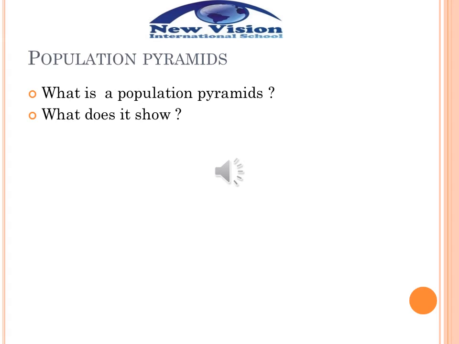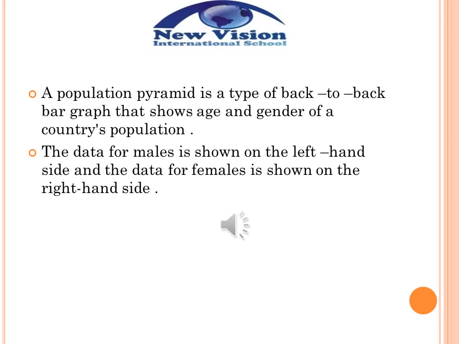Population pyramids. What is a population pyramid and what does it show? Try to compare your answers with next paragraph. A population pyramid is a type of back-to-back bar graph that shows age and gender of a country's population.